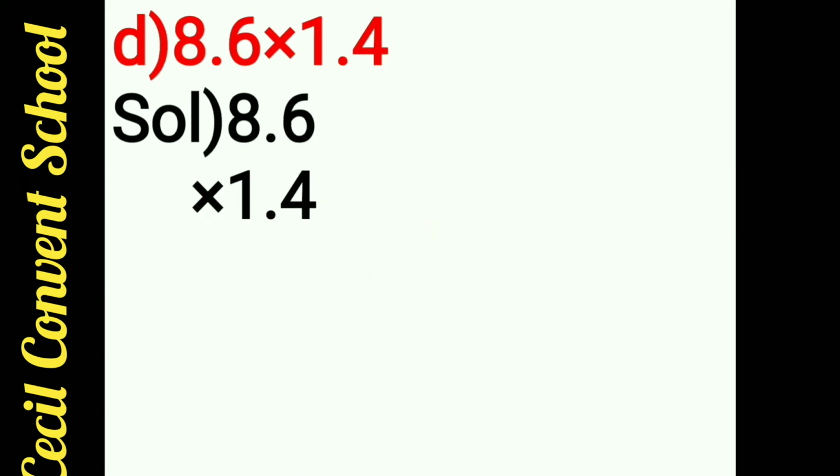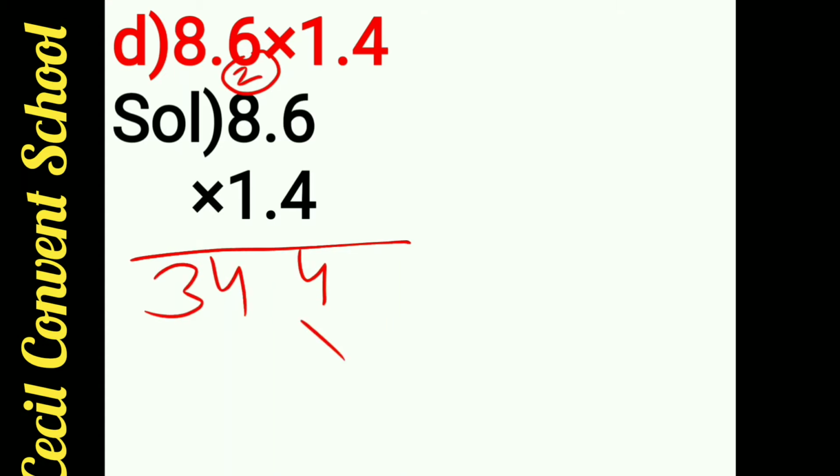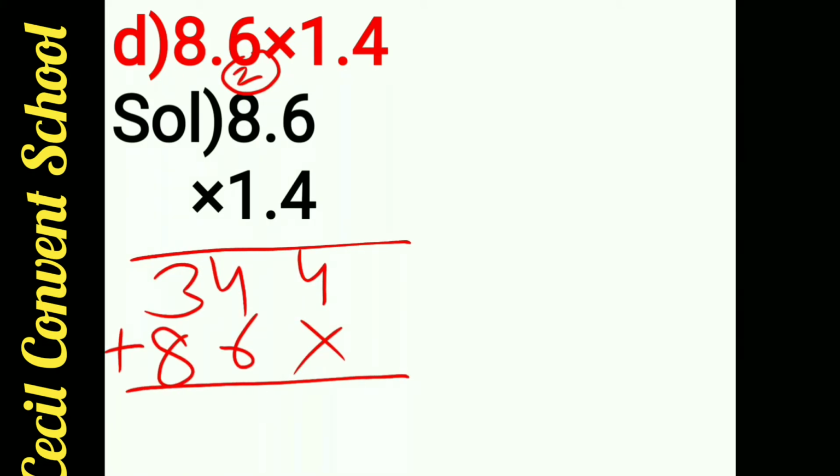Now we do the next part, that is D part. Here firstly we multiply by 4. 4 6s are 24, 2 will come on 8. 4 8s are 32, 32 plus 2 is 34. Multiply sign. Then you go to 1. 1 6 is 6, 1 8 is 8, because when you multiply any number by 1, the same number comes. Now 4, 10, 1 will come on 3. 8 plus 3 plus 1 is 12.